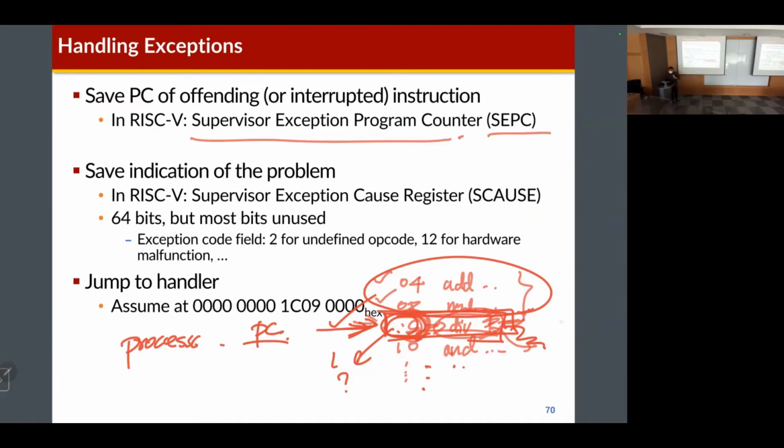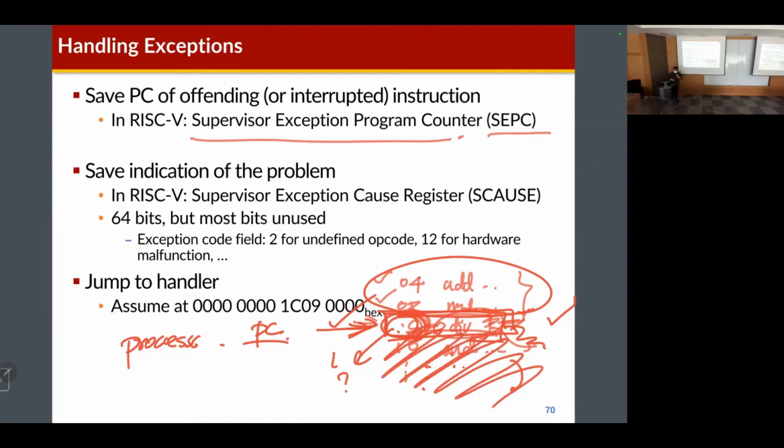So if this instruction is incorrect or abnormal, the execution of the following instructions can also be incorrect or abnormal. Right. So we also need to cancel all following instructions in the processor.